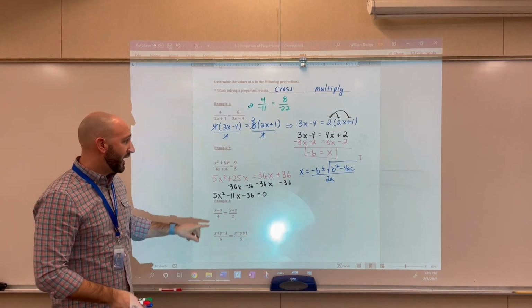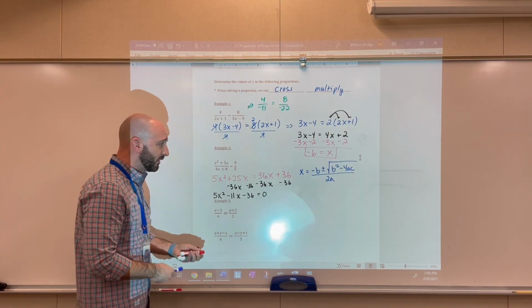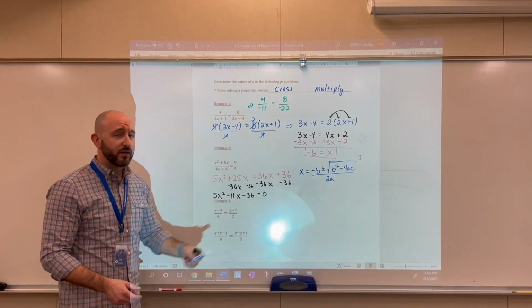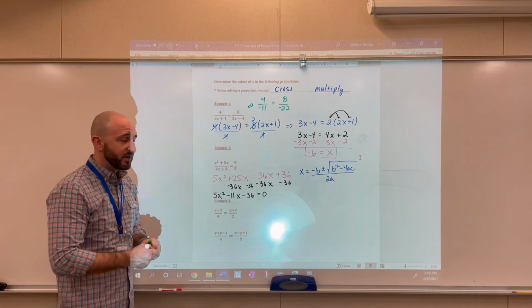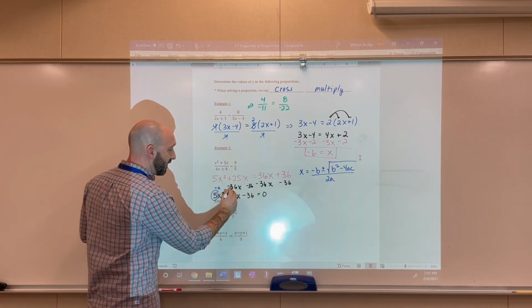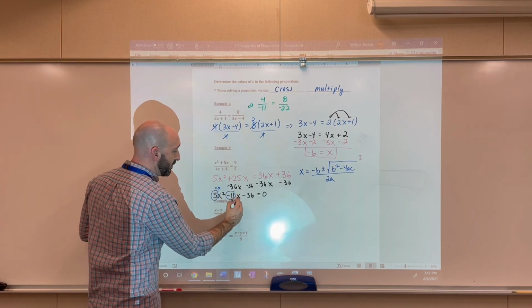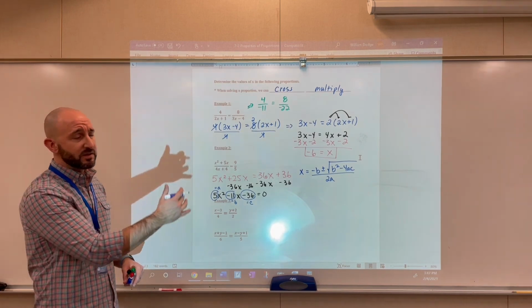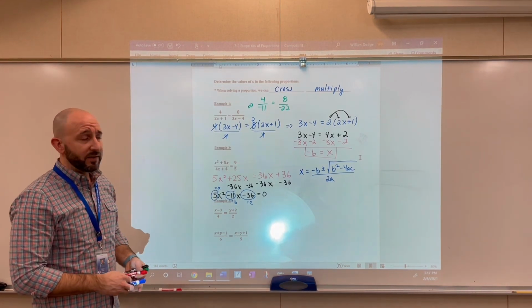All right, so let's go ahead and work this out. So remember, a, b, and c represent coefficients of our variables when the left-hand side is written in standard form. This coefficient is equal to a, this is equal to b, and then negative 36 is equal to c. So we're going to plug those values into the formula and evaluate it to get our solution.